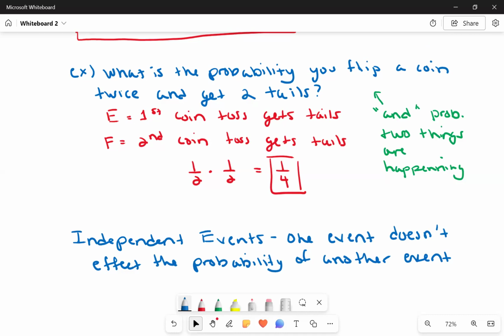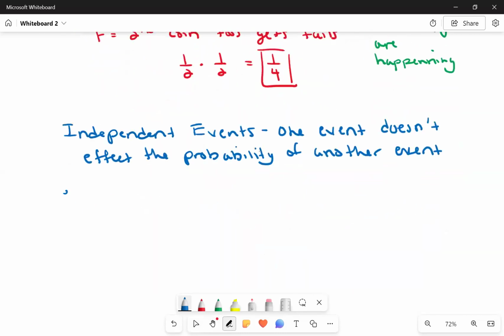So let's look at another example. Let's say I tell you that 9% of the US population has green eyes.